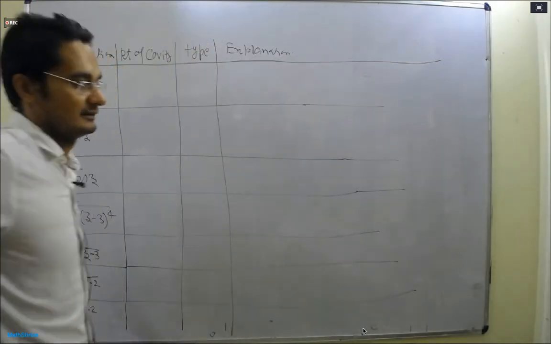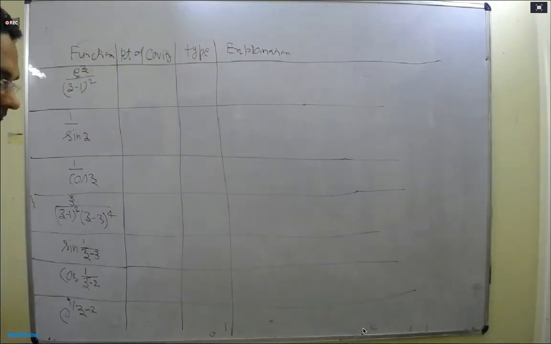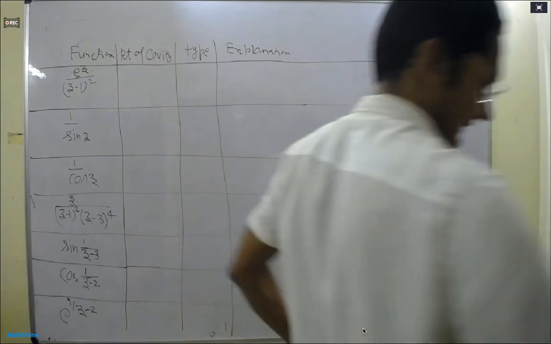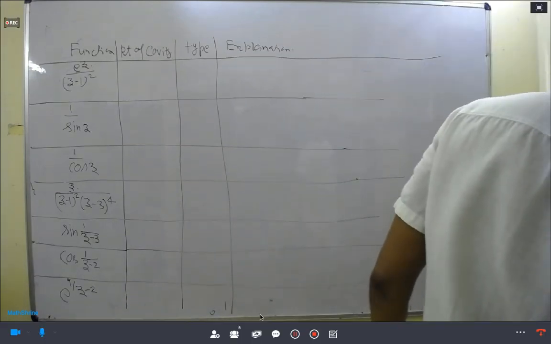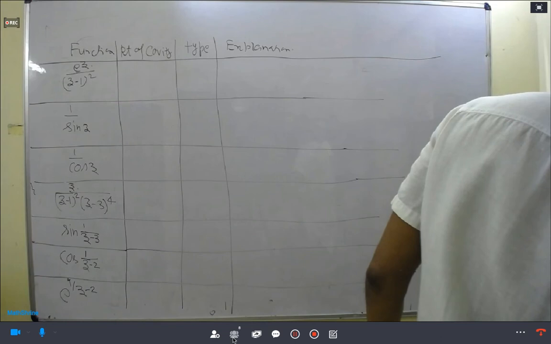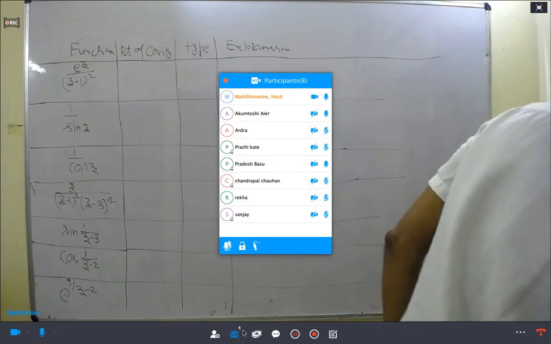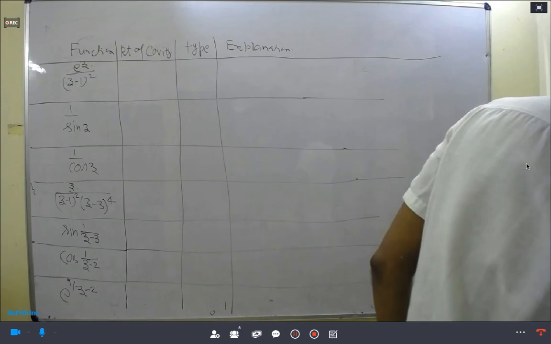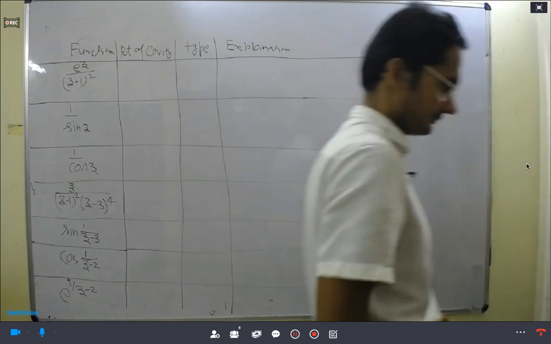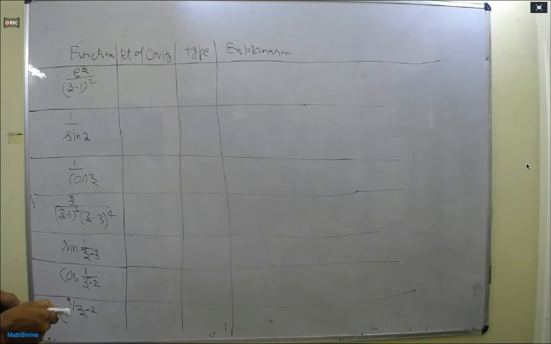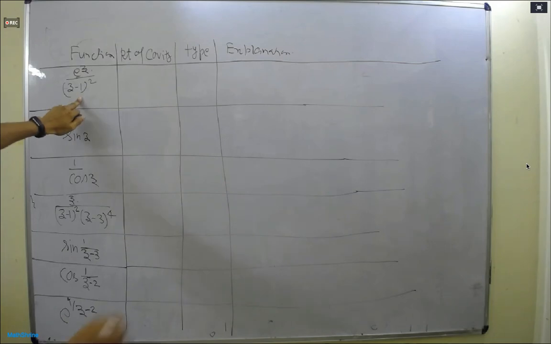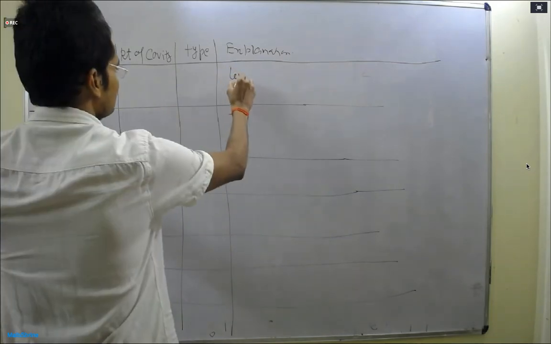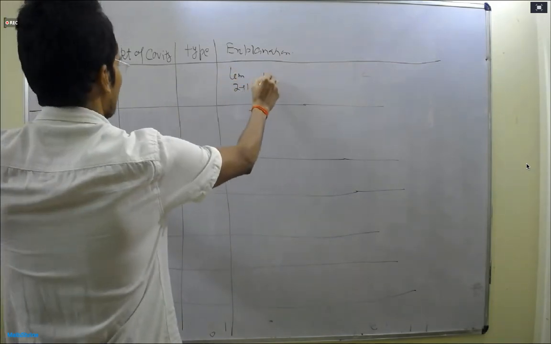Okay, let us see together. The first function is e power z upon z minus 1 whole square. If I calculate the limit z tending to 1, z minus 1 whole square will go to the infinity.